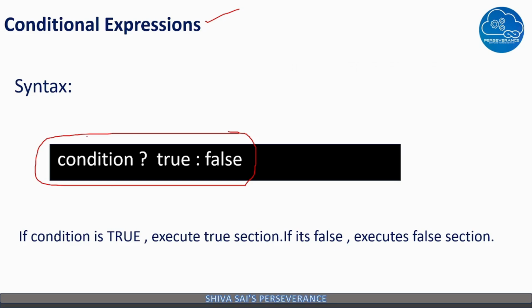First will be our condition, then a question mark. If this condition is true, the true block will be executed. If the condition is false, the false block will be taken into consideration. Okay, fine.